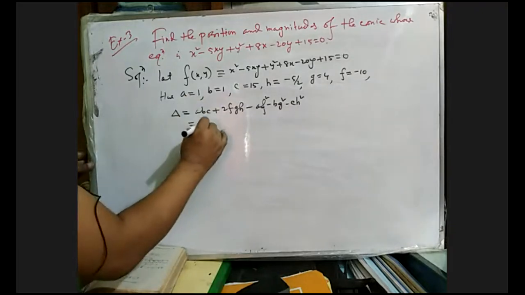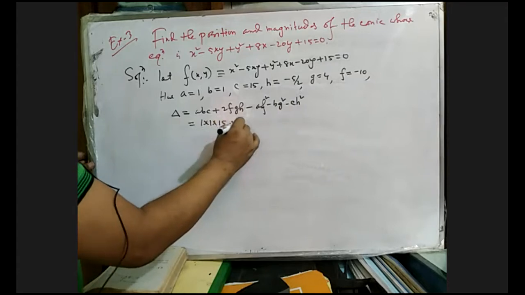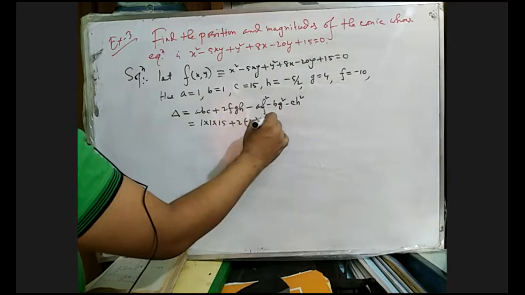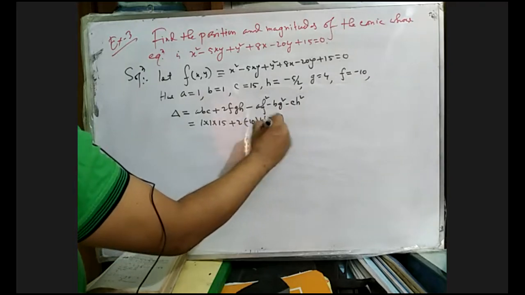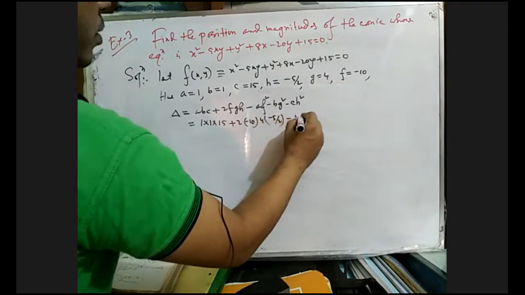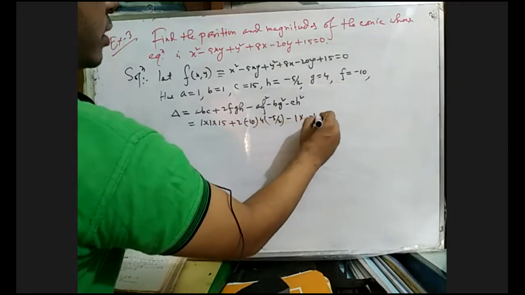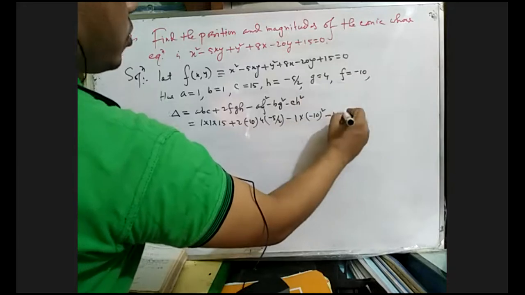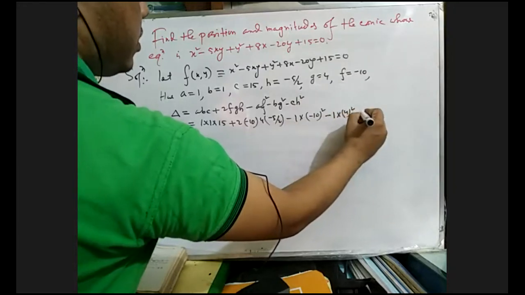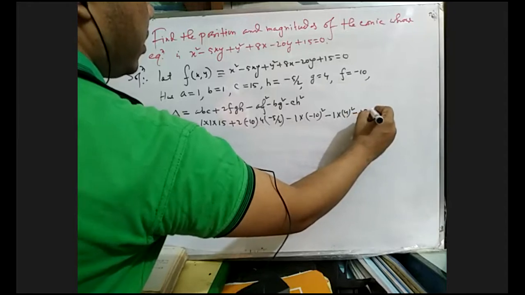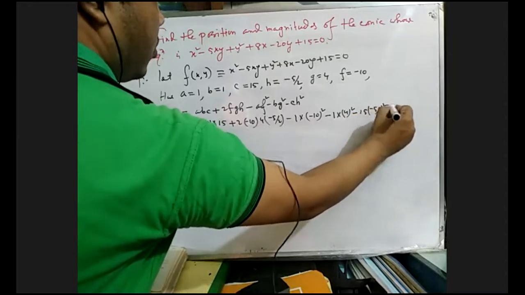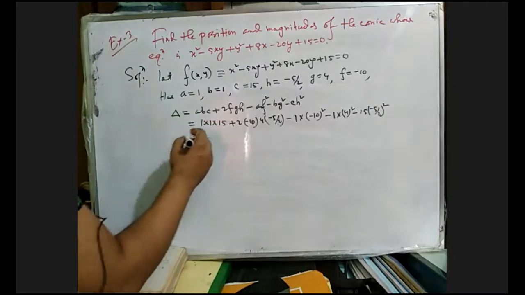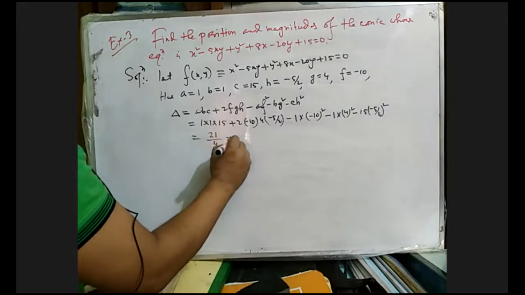Just putting the values: 1 multiply 15 plus 2 into f, which is minus 10, g value 4, h value minus 5 by 2, minus a f square means 1 into minus 10 whole square, minus b g square means 1 into 4 whole square, minus c h square means 15 into minus 5 by 2 whole square. You can calculate these values and you will get 21 by 4, which is not equal to 0.